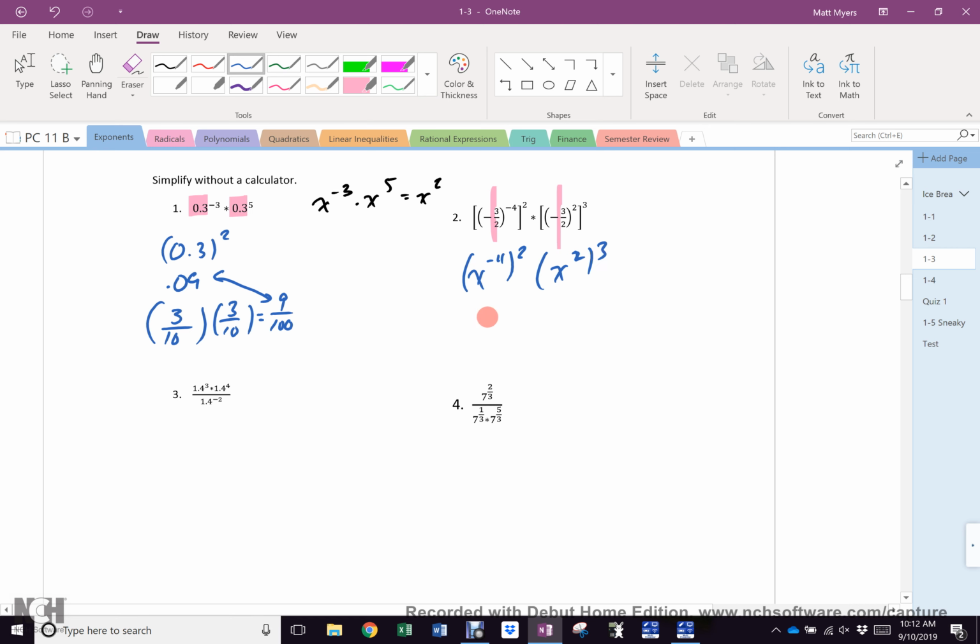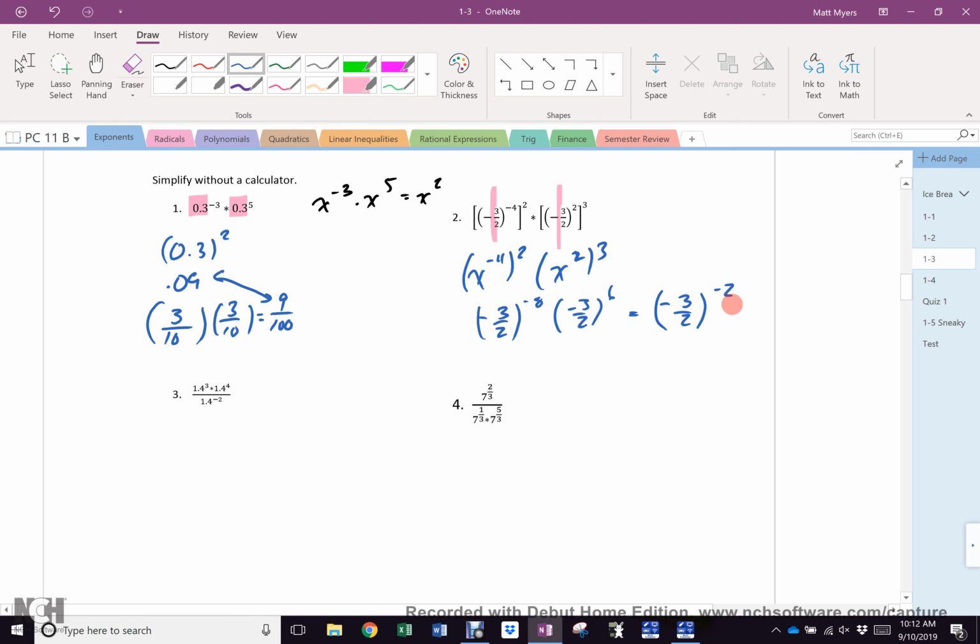So isn't it negative 3 halves to the negative 8 and negative 3 halves to the 6? And then what would I do with those exponents? And what would I get?